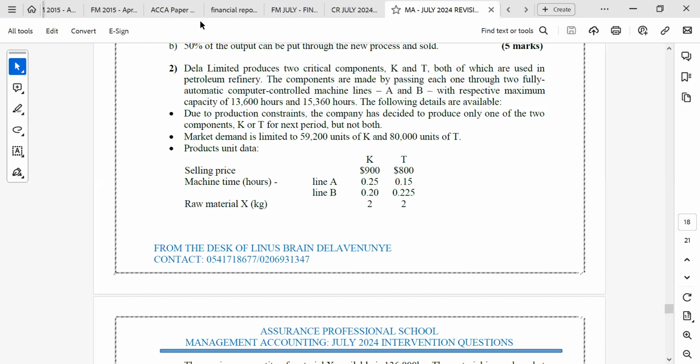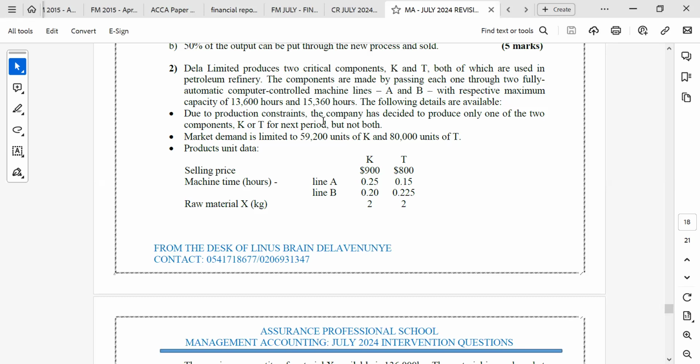Then we select that one. So you cannot use the material to rank them, because the material is not the only limiting factor there. If you use the material, you cannot produce all the 59,200.